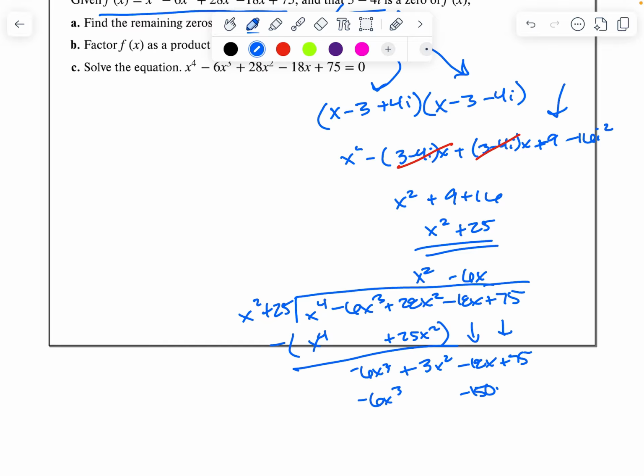That'd be minus 150x. Subtract. Bring down, that'd be 3x squared. Man, I don't feel great about this. Plus 132x plus 75. Oh man, that middle number is not going to go away, is it? If I multiply by 3, that would give me the 3x squared. That would give me the 75, but that number in the middle is not going to go away.